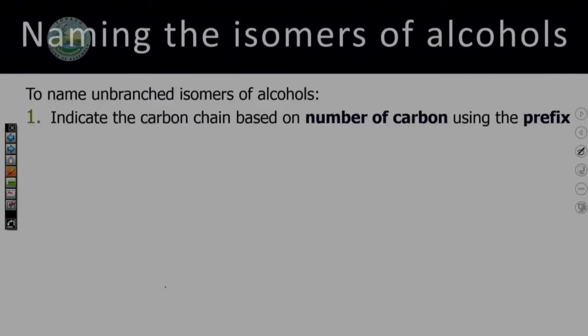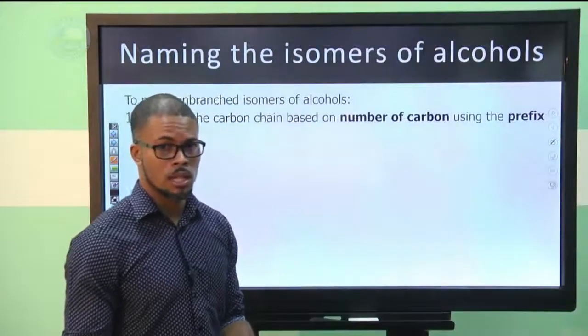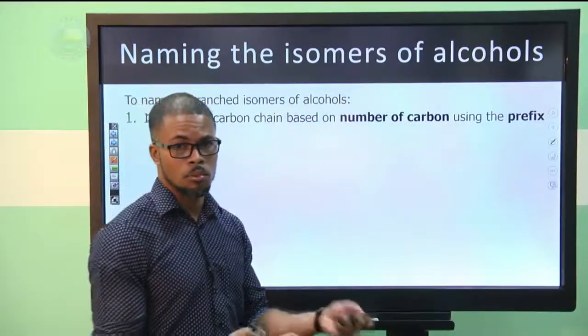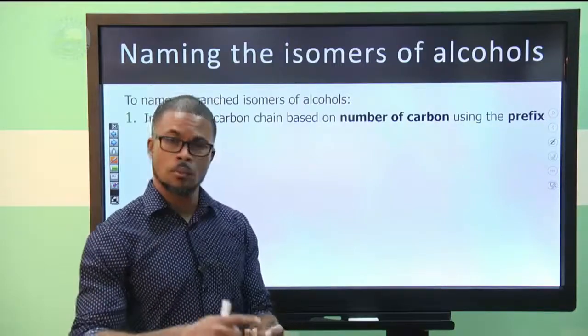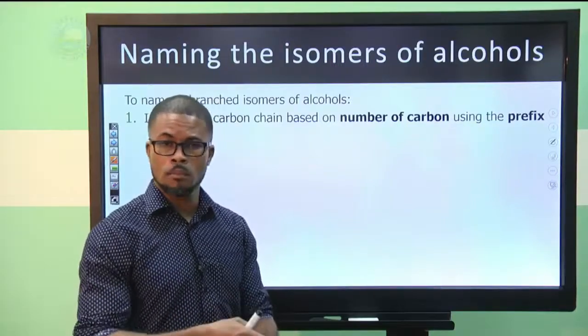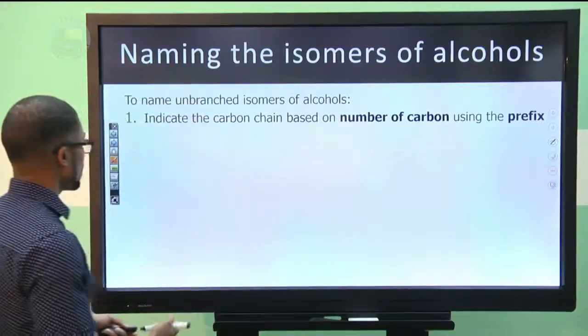Of course, we know this one. Based on the number of carbons we have in the compound, we use a prefix, and that prefix could be met, et, prop, but, pent, etc., and we are going to get that name. So that's the first one.